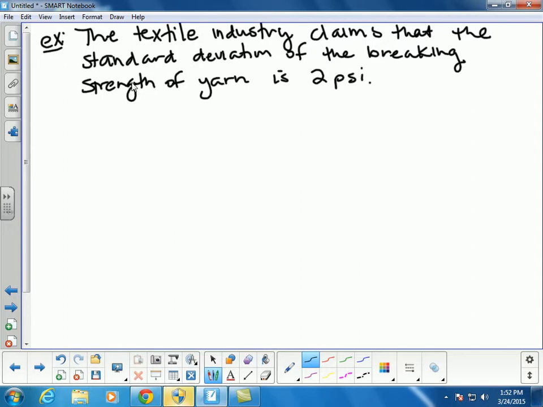What that means is pounds per square inch. So it's just a measurement of how textiles are measured in the industrial engineering process.